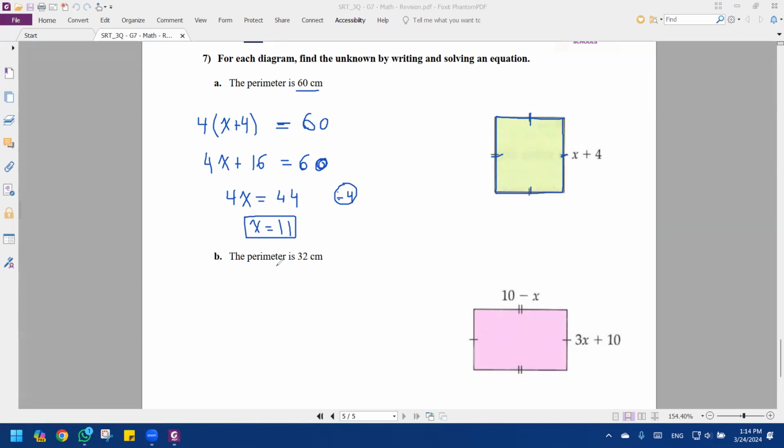Now the perimeter for this rectangle, this is a rectangle, opposite sides are equal, is 32. We can multiply this one by 2, and we can multiply this one by 2. Since I multiplied the first one, here let me show you the other steps. Maybe some of the students, they don't need to multiply. We write all of them, 10 minus x plus, I write it again, 10 minus x. So now I did this side and I did this side, plus.